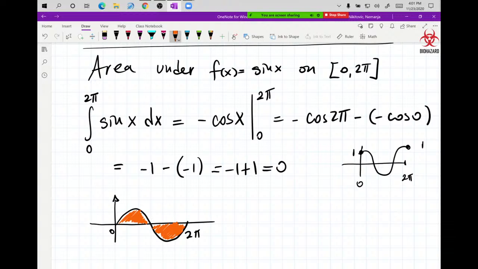And that is that if the function at any point dips below the x-axis, you create negative area which will be subtracted. Now, in this case, the sine function is symmetric about the origin, meaning that the bump under the x-axis and the bump above the x-axis are identical, and they cancel perfectly down to 0.